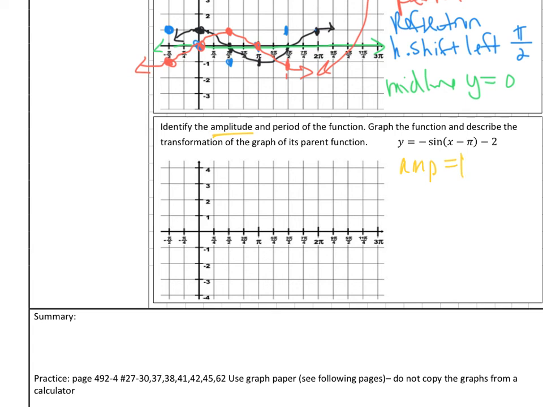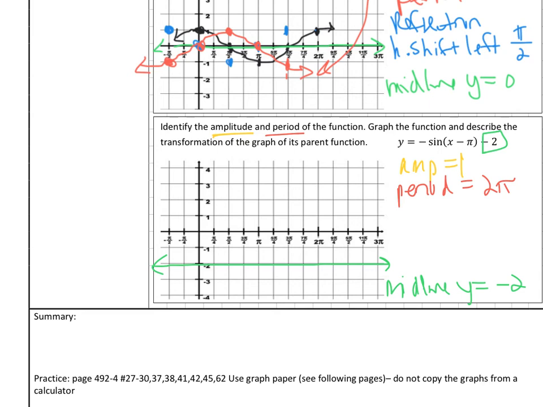These are kind of boring, huh? Our period, also boring, hasn't changed. It's just 2 pi. It's way more exciting when there's other numbers to deal with. Our midline this time did change because we are shifting down 2. So now our midline is going to be at negative 2 down here.